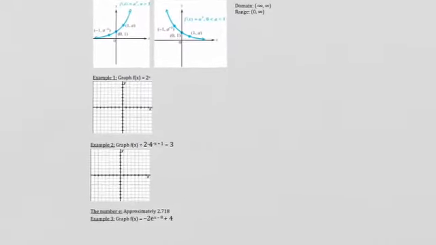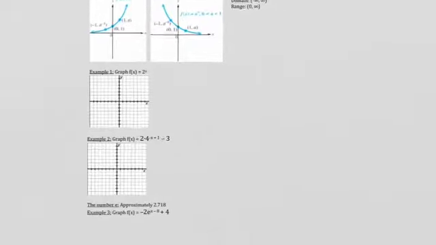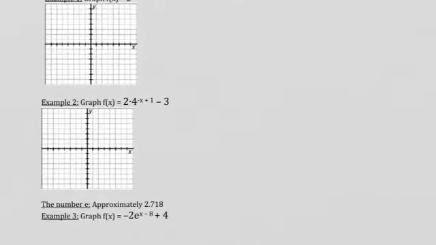Alright guys, so let's try to graph this function. I'm going to ask you to take your graphing calculator and try to graph the function f of x equal 2 to the x, and the function 2 times 4 to the minus x plus 1 minus 3. Please, when you are going to graph the second function, please don't forget to put your parentheses right here.